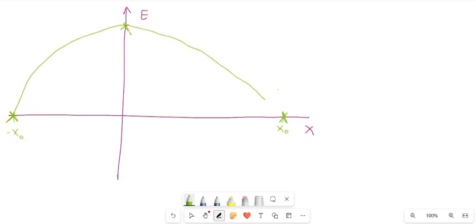It has to be of equal length. That is the kinetic energy.